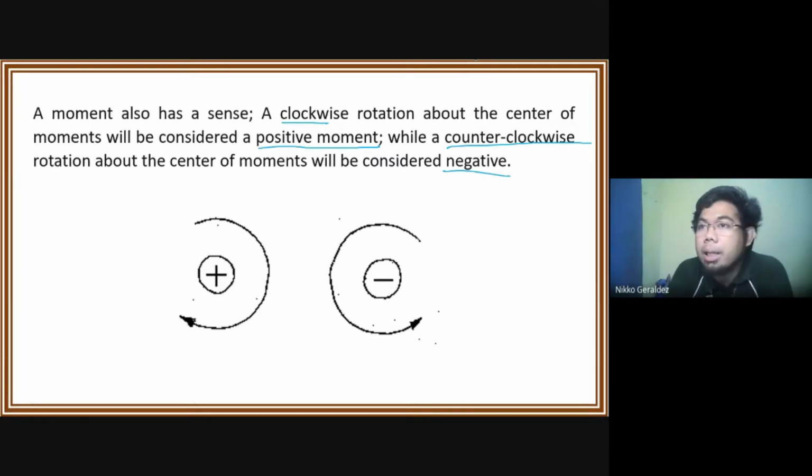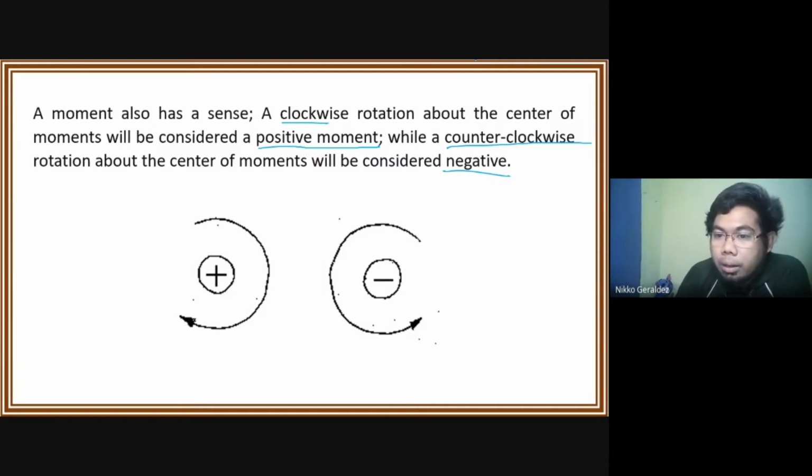So, wala akong makikita na counterclockwise positive, then clockwise negative na moment. Kasi sa ibang books, ang gamit nila, clockwise negative, counterclockwise positive. So, pwede naman yun.